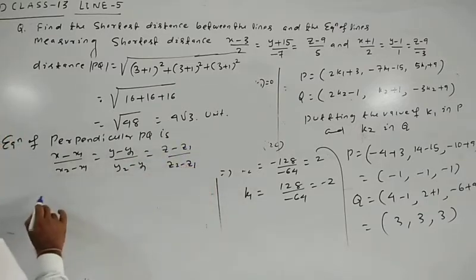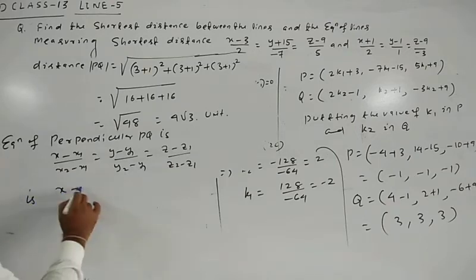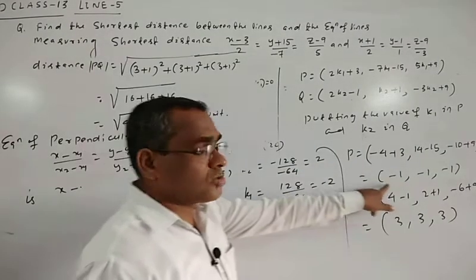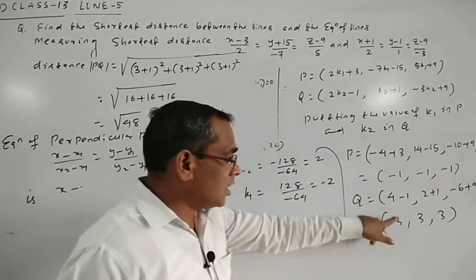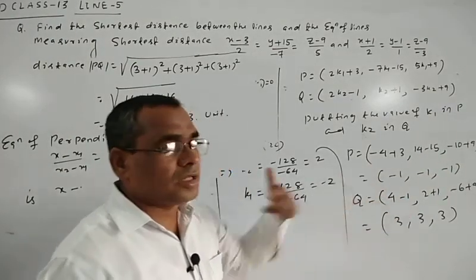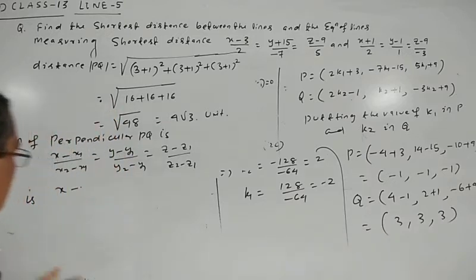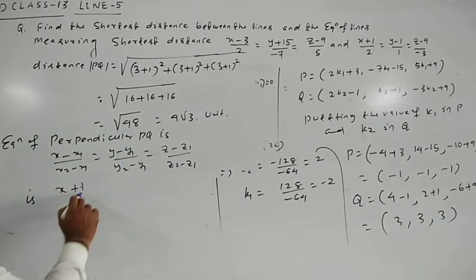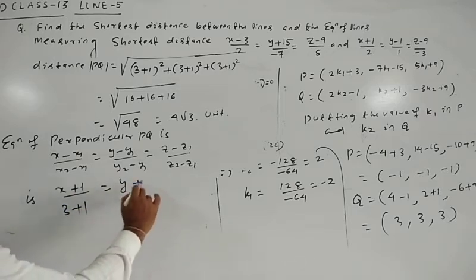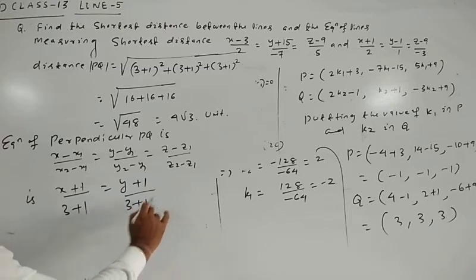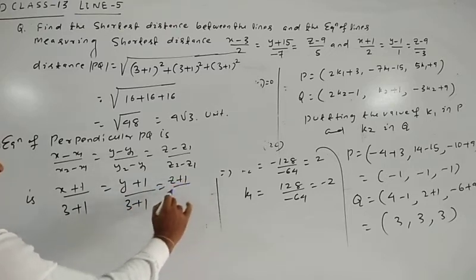Let the point P be x1 y1 z1, and this point Q is x2 y2 z2. So x plus 1 by 3 plus 1 is equal to y plus 1 by 3 plus 1 is equal to z plus 1 by 3 plus 1.